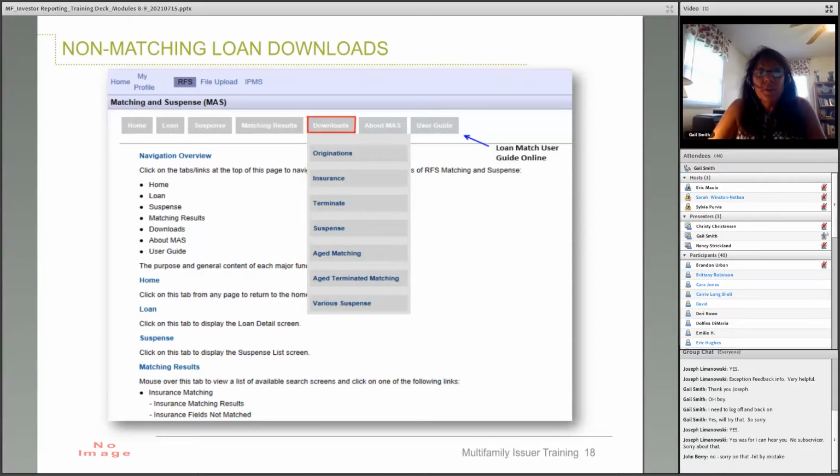You could pull your insurance download, your various suspense download, and if you have any questions or you need some guidance, there's also a user guide, which is the last gray box on the screen. And just to note, all the RFS modules in the reporting and feedback system have a user guide at the end of each section.